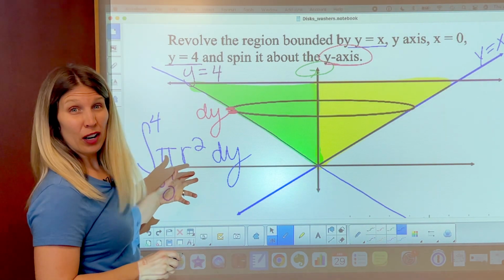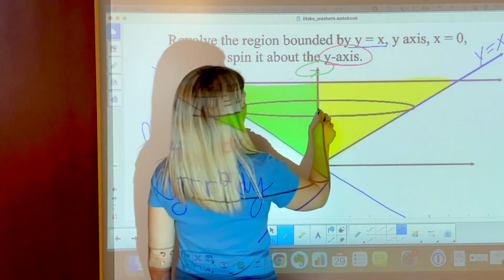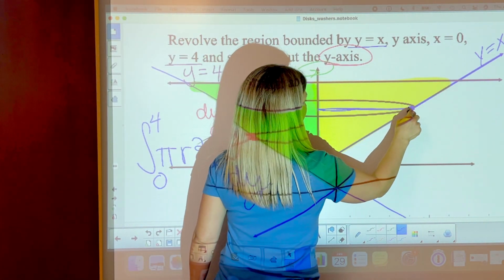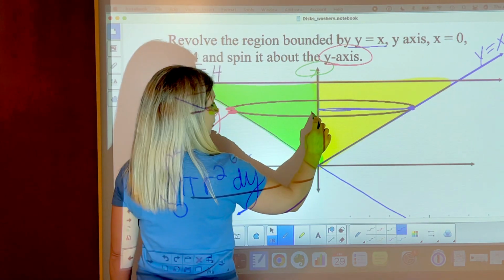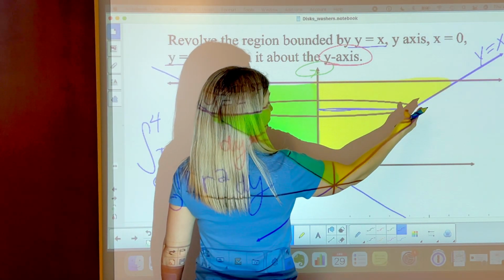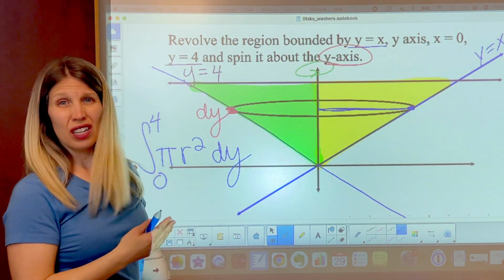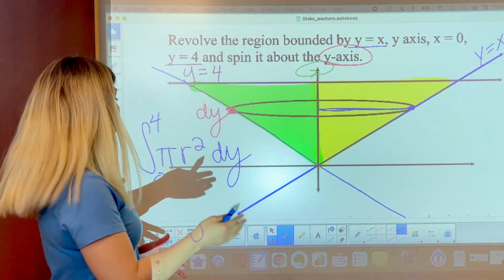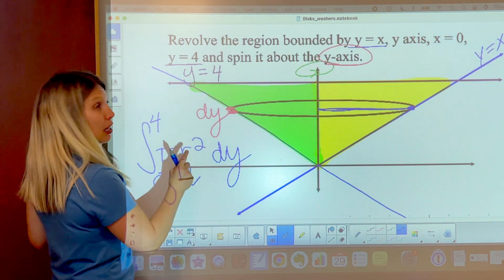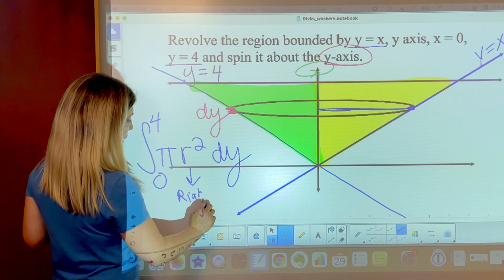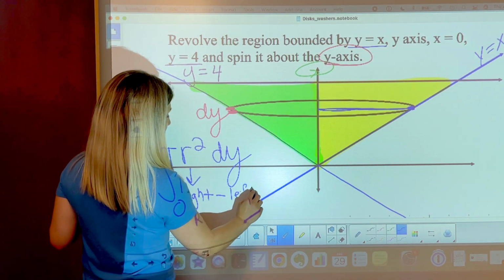So now, how do we find our radius? Well, your radius is right here. This is where your radius is going to be from. So how do we find that? Right minus left. So in this function, it's y equals x minus 0, which is a really nice example. But you just have to remember that for your radius in dy problems, you're going to want to do the function on the right minus the function on the left.